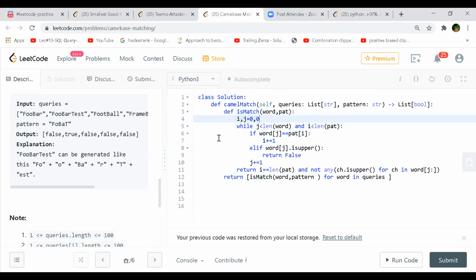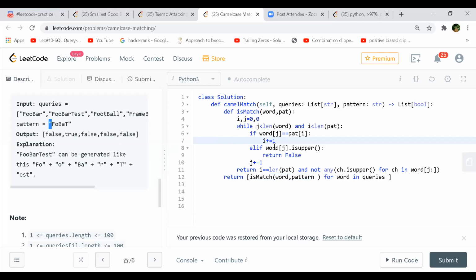So it's like i and j, we are starting from the beginning. So j will go to the length of word, and i will go to the length of pattern. If the first letter of pattern and word both are matching, right? Then we are increasing i in the pattern.